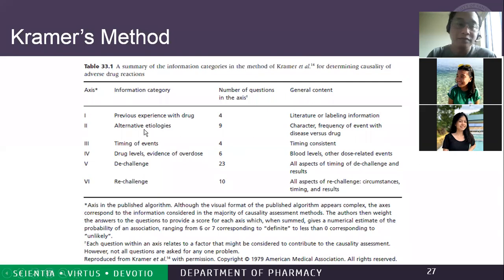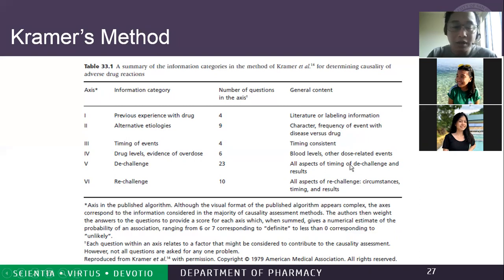For the fifth axis, the challenge, the examiner will note all aspects of the timing of the challenge and the result.